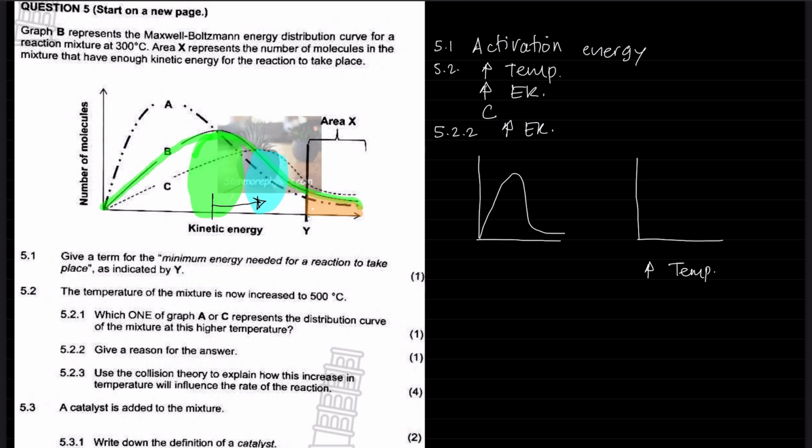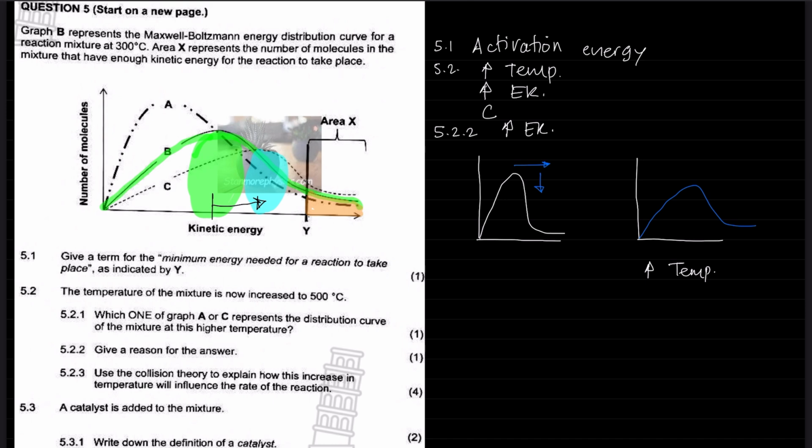The first is that the peak is going to shift to the right, as seen in this question from B to C. And the second is that it's going to shift downward. So if there's an increased temperature, the curve will probably look something like that. It'll go down and it'll shift to the right. And if you decrease the temperature, it's going to be the opposite.